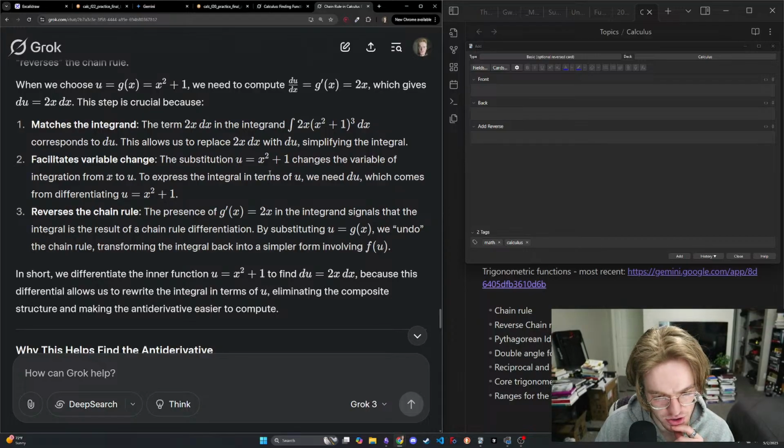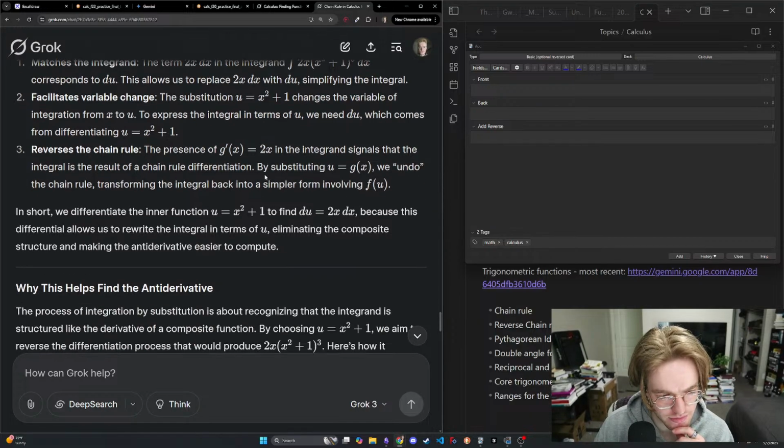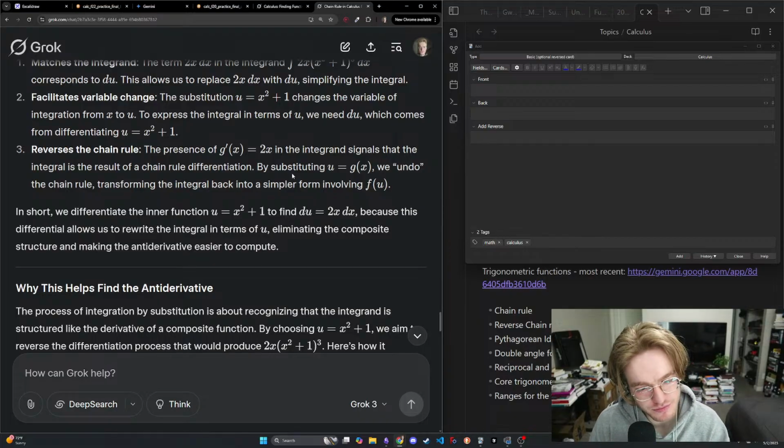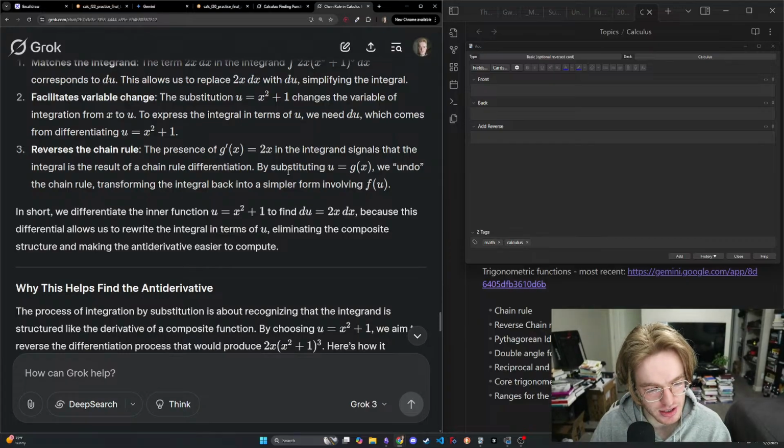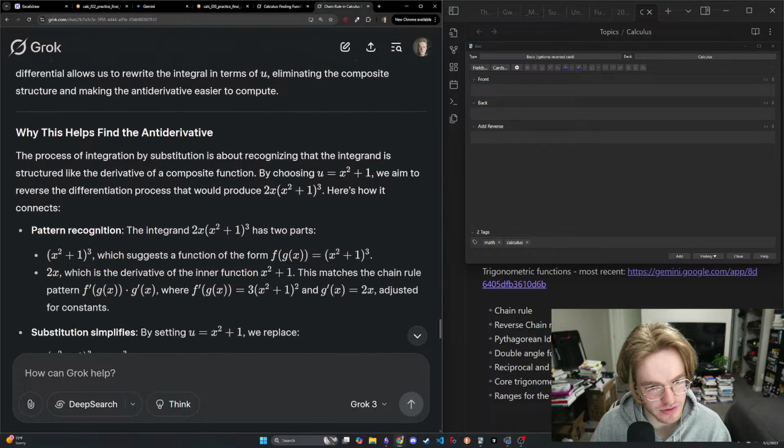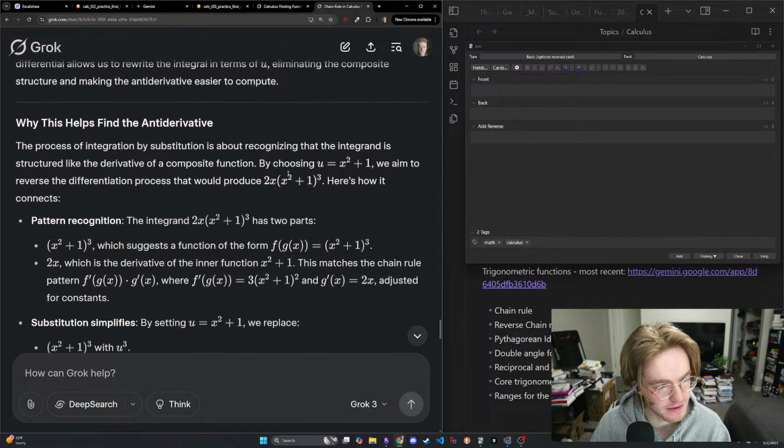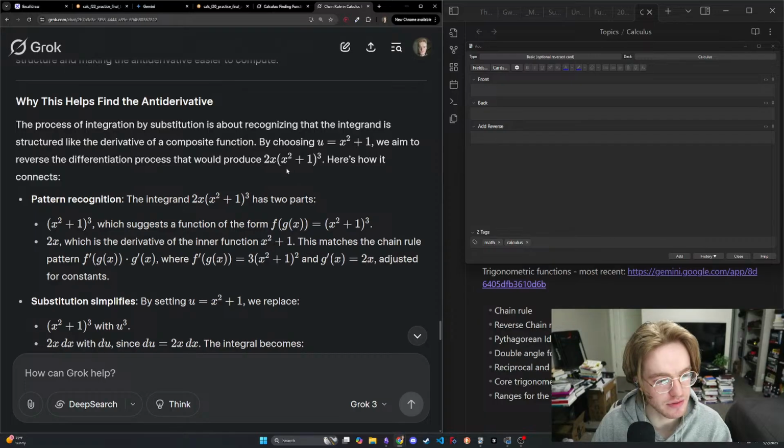By substituting u equals g of x, we undo the chain rule, transforming the integral back into a simpler form involving f of u. In short, we differentiate the inner function to find du equals 2x dx, because this differential allows us to rewrite the integral in terms of u, eliminating the composite structure and making the antiderivative easier to compute. It helps us to find an antiderivative.